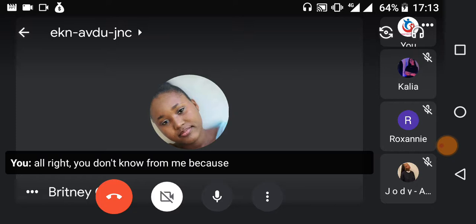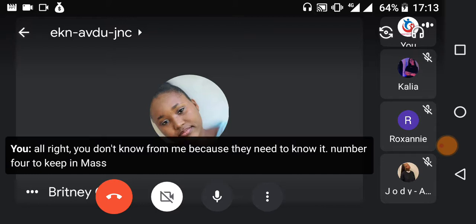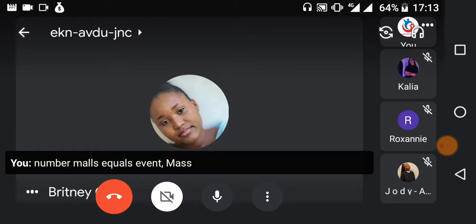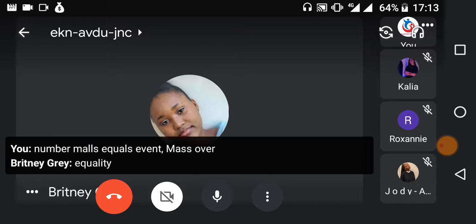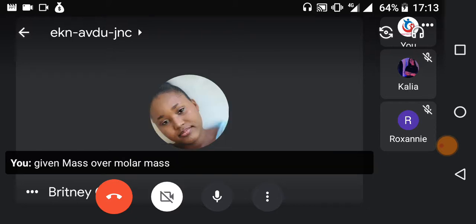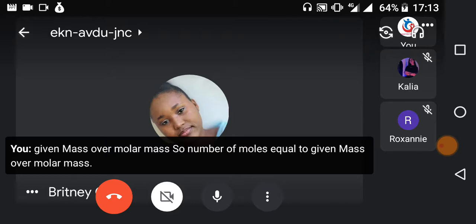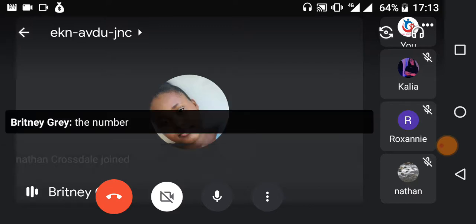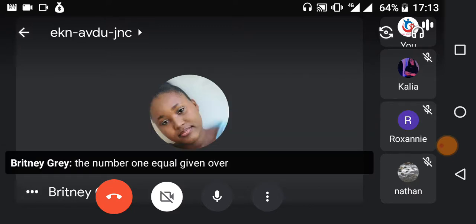It's number of moles equals given mass over molar mass. Given mass over molar mass.